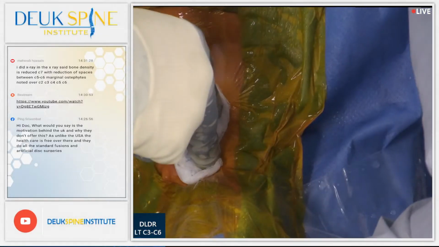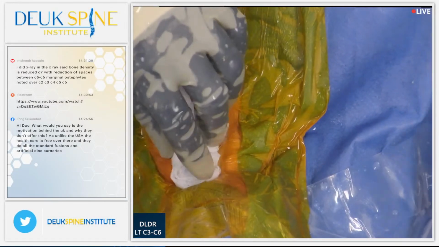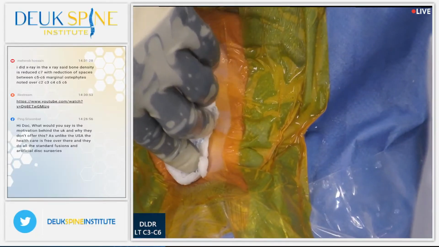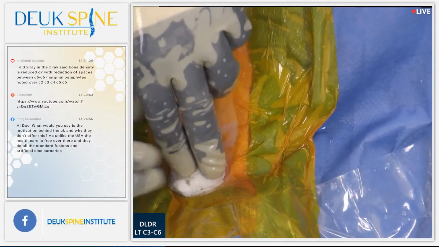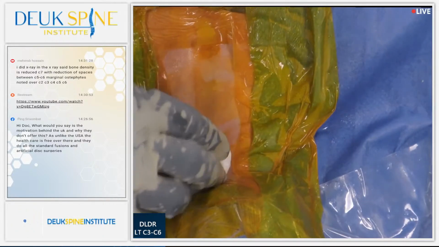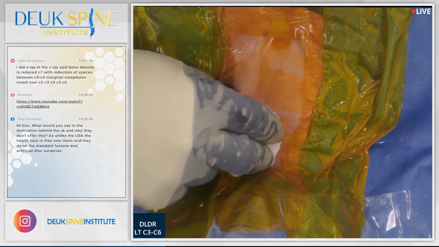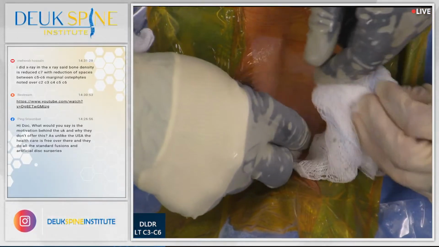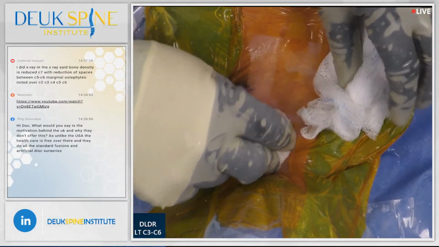If it works, that means more people will want it. The truth is, in the UK, even with fusion being free, if you have 10 patients and you tell them, we need to do a fusion, how many of those 10 are going to get a fusion? Only 1 or 2, because they read about fusion online, and they can see that fusion has a high chance of complications and bad results.